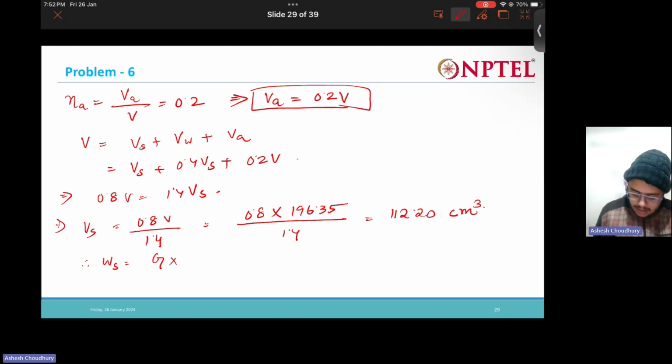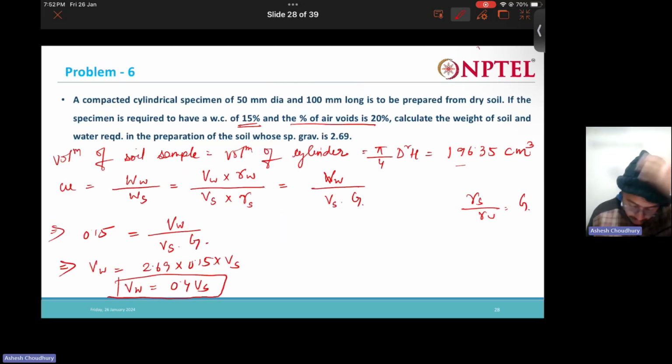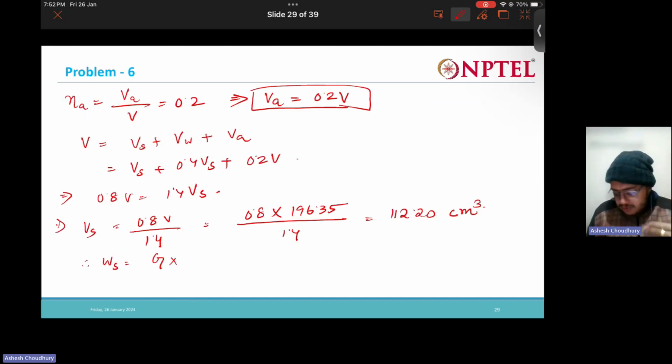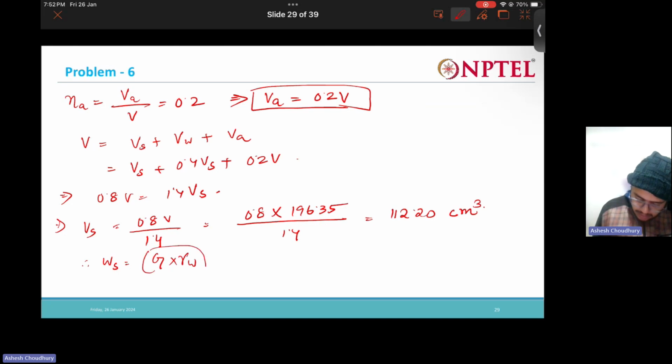Therefore, what is the weight of water? Sorry, weight of solids, not weight of water. Weight of solids is what? Volume of solids into unit weight of solids. So this into gamma W will give me the unit weight of solids into the volume of solids.